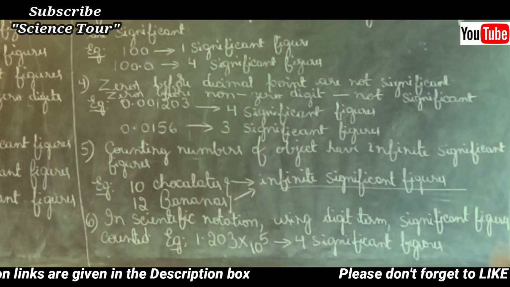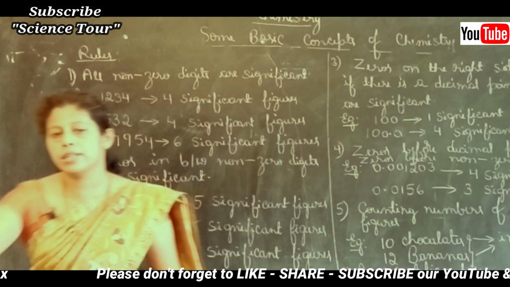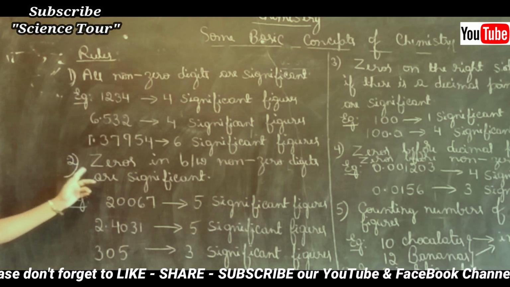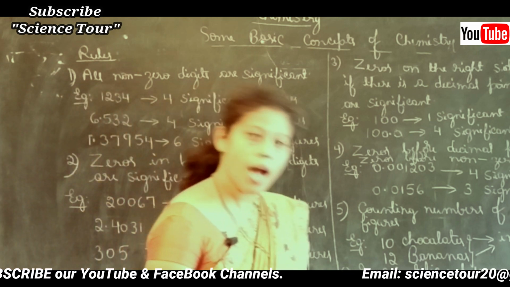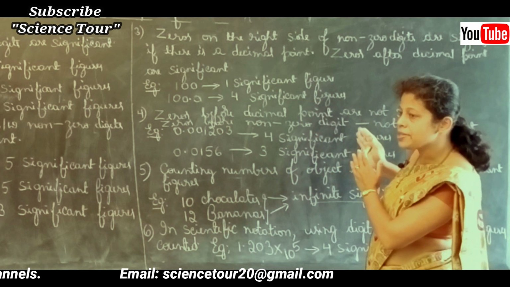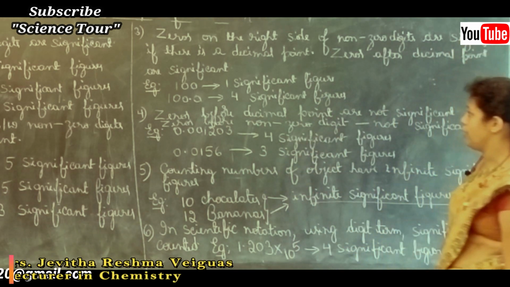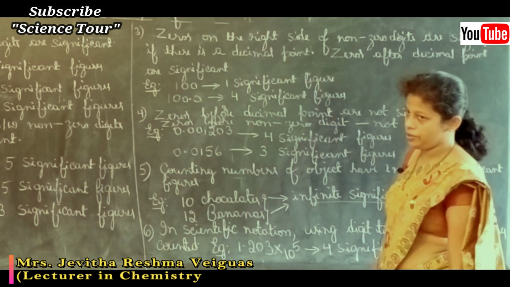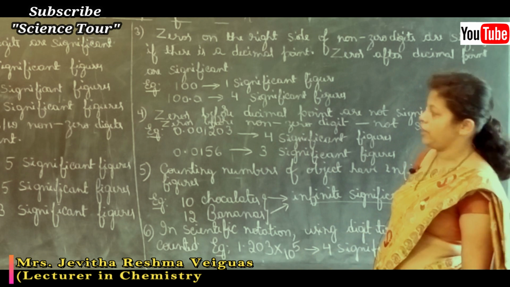Let us summarize the rules. All non-zero digits are always significant. Rule number 2, zeros in between non-zero digits are significant. Rule number 3, zeros on the right side, or zeros after a non-zero digit, are significant if there is a decimal point, and zeros after the decimal point are also significant.